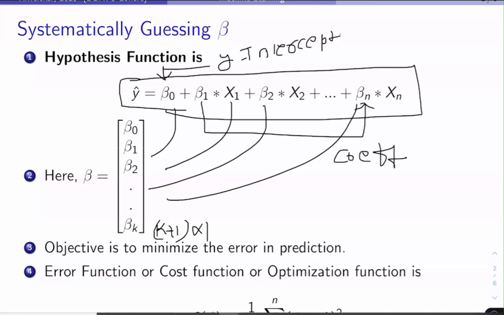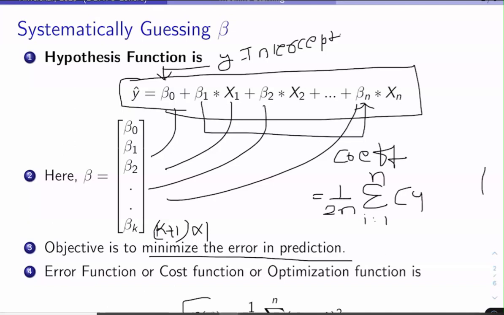Now our objective is to minimize the error in the prediction, where the error is expressed in this equation: our cost function or error function is equal to 1 by 2n, summation of i equal to 1 to n, of yi, the given value, minus the predicted value predicted by this equation.